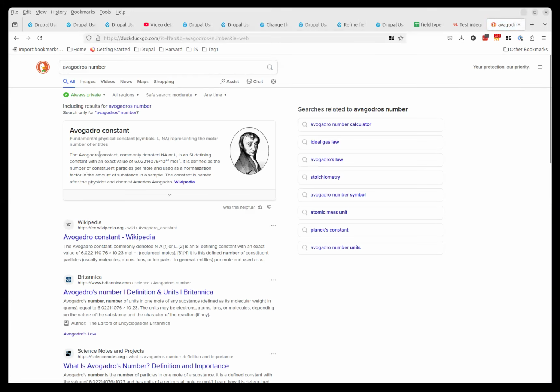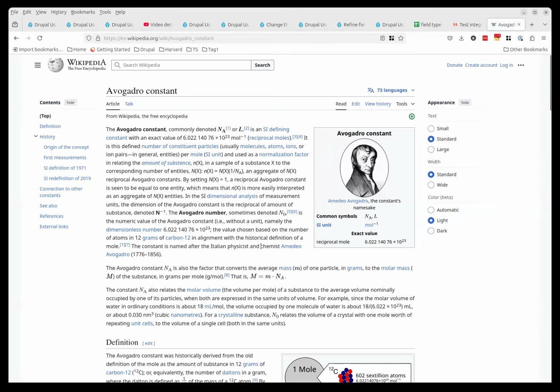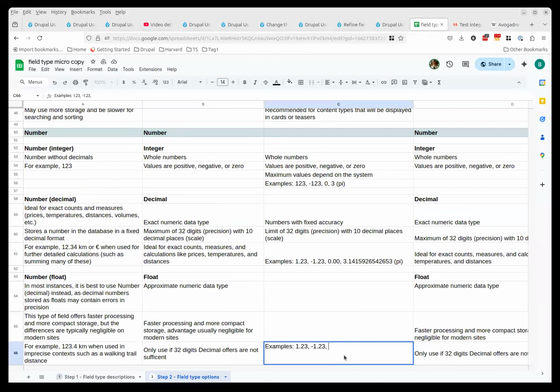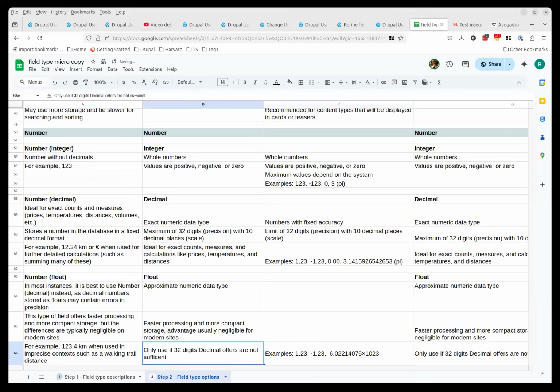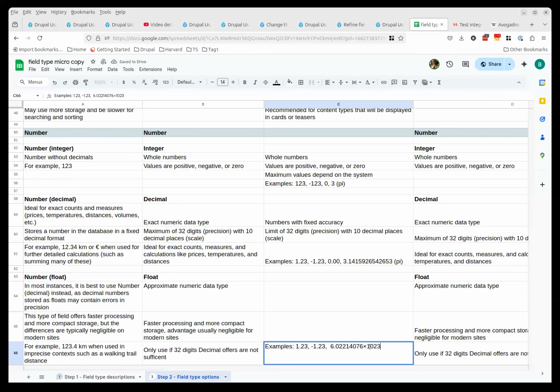Avogadro's constant. I always like to click through to the source. What's going to happen when I try to paste that? Whoops. So something times 10 to the 23rd.